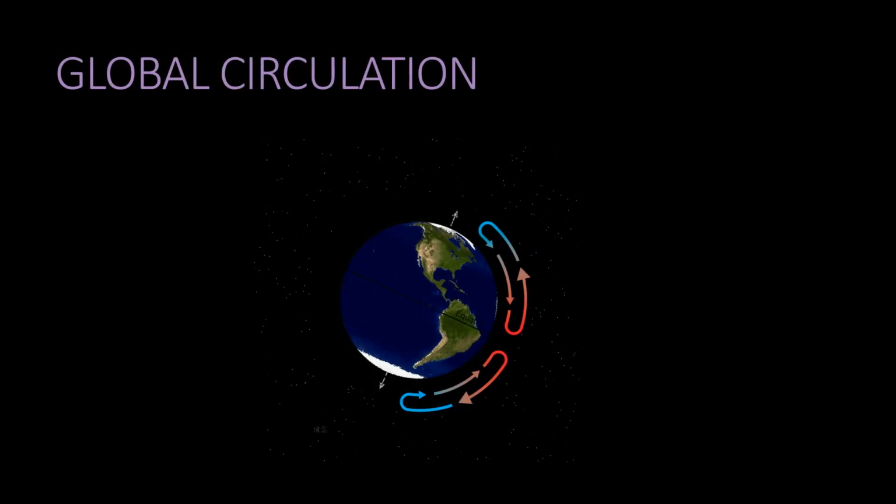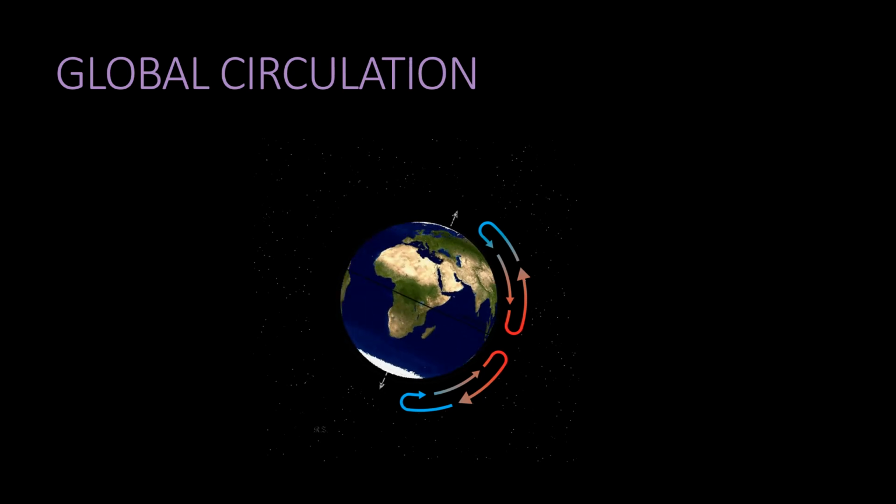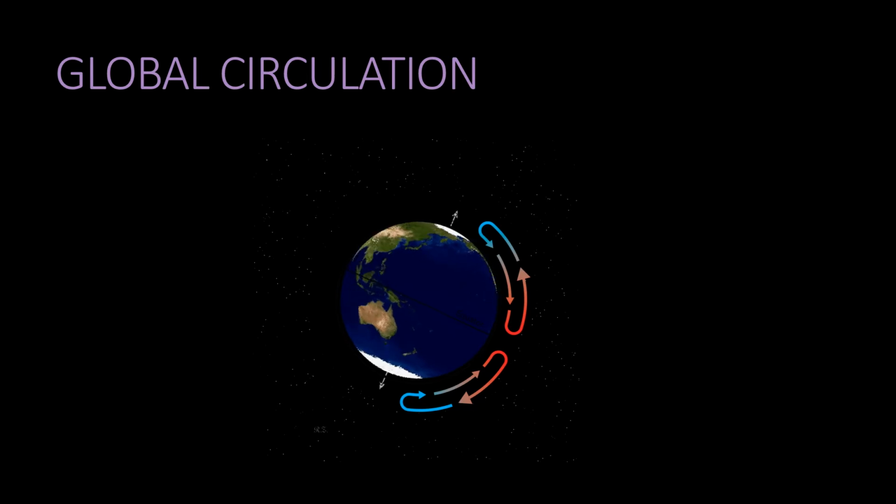Different parts of the Earth heat up differently, with the equator receiving more radiative heat from the Sun than the poles. And the purpose of global circulation is to redistribute this heat. If the Earth did not rotate and was a simple mass with no oceans, we would have a single circulatory cell where hotter air would rise from the equator and float towards the poles.